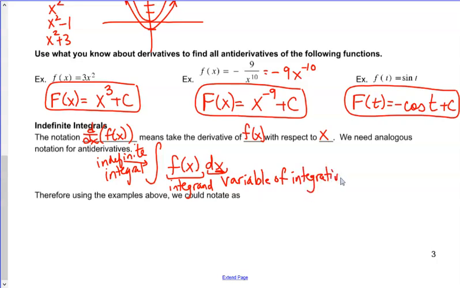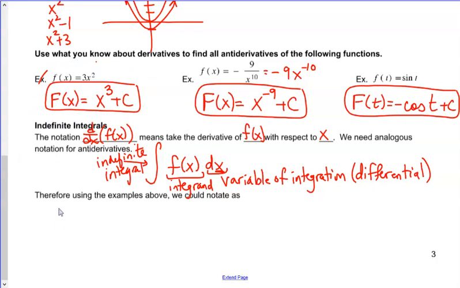You're always going to have a d, but it could be dy, dx, dw, du, whatever the case may be. And this is also referred to as a differential, from what we saw back in, I believe, section 4.6.